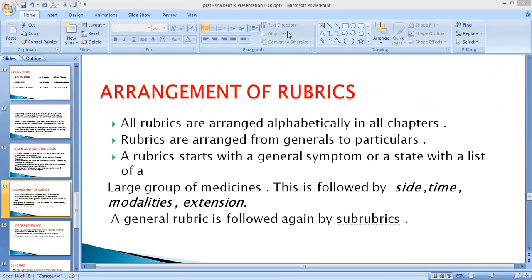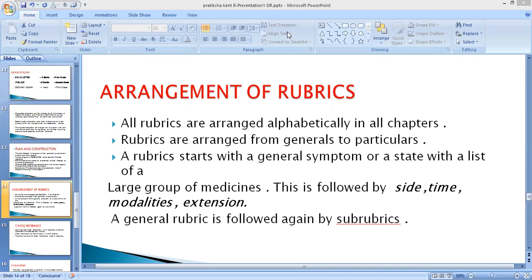In the afternoon there is maximum pain, and as the sun sets there is relief from the pain. The pain moves from right side to left side. So this is the extension. This is all about the details of the symptom head pain.